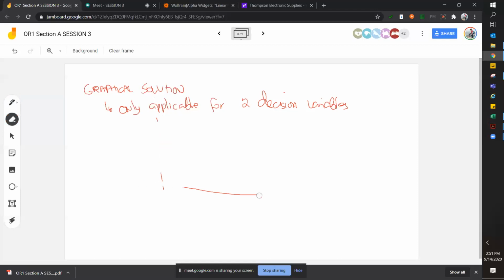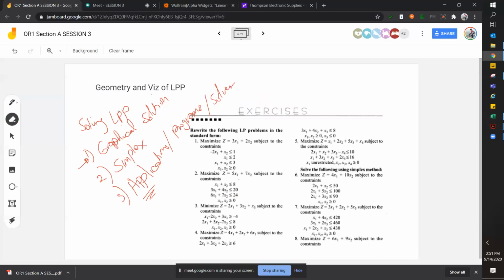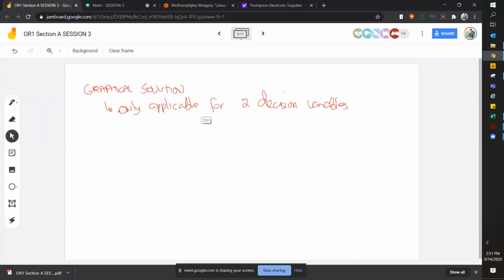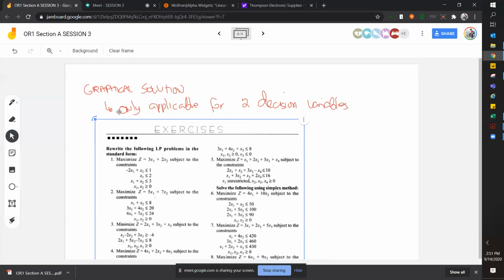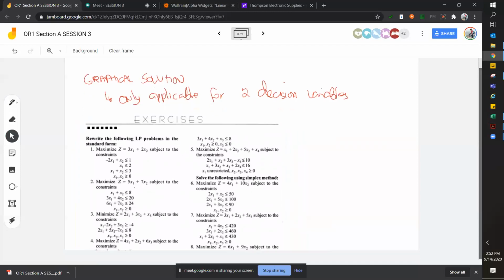Okay? Ngayon, let's try to solve. So I'll be giving 3 problems na simple problems lang. We may use this one. Copy ko to, and then paste ko dito.